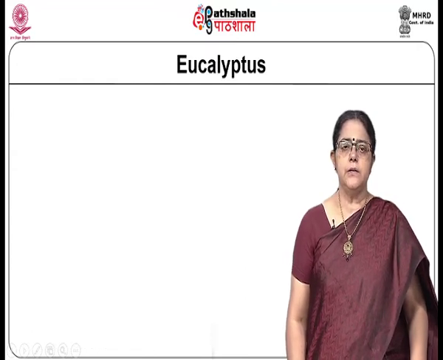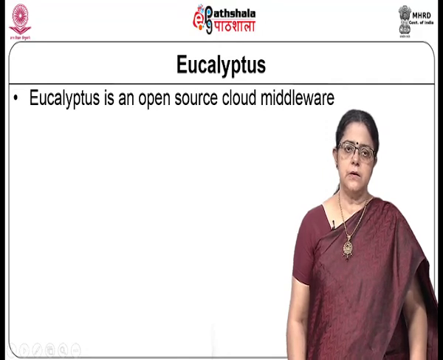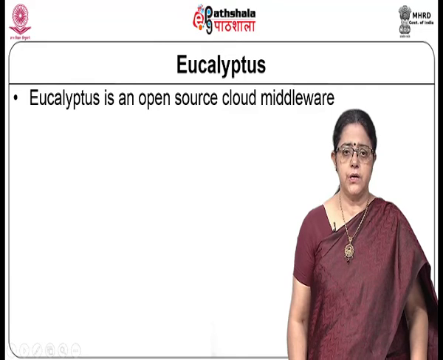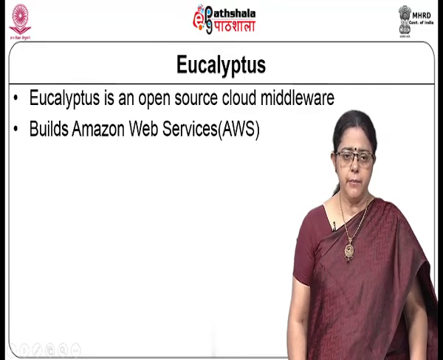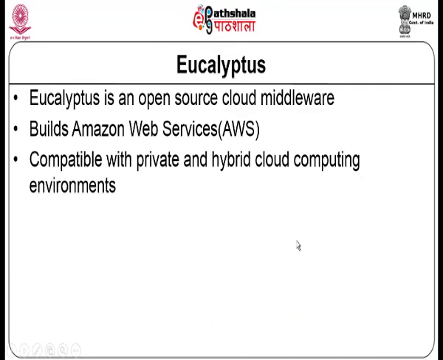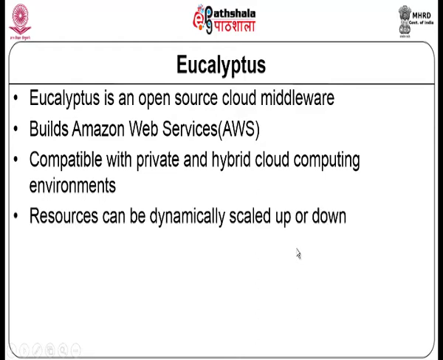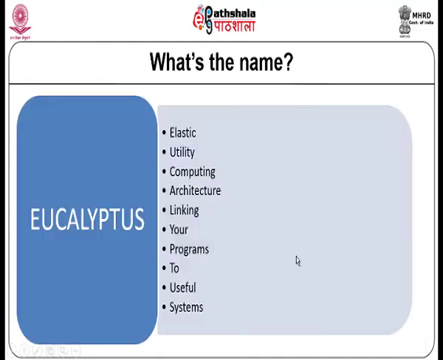Next, we talk about Eucalyptus, which was perhaps the earliest open source resource that has come in. This builds from AWS, and it is compatible for creating both private and hybrid cloud, and is Linux based.